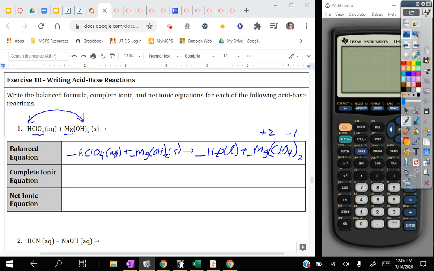I should go through and balance my equation. I have 2 perchlorate ions on the right, so I need 2 to balance out on the left. That also gives me 2 H's here. And I also had 2 H's here and 2 oxygens. So in total, I have 4 H's on the left and 2 oxygens on the right. I need to balance out here. So the balance is 2, 1, 2, 1.